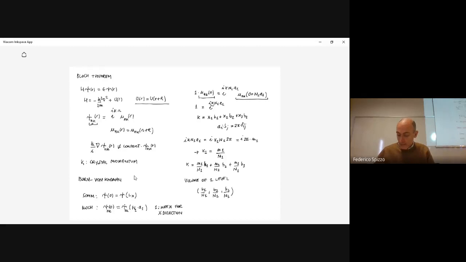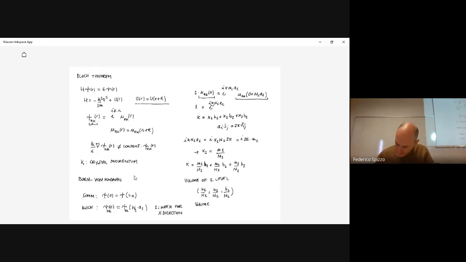In principle, B1, B2, and B3 are not, let's say, the three sides of a cube, because if the lattice is a cubical one, then we have a cubical lattice in the reciprocal space. But if the lattice is not a cubic one, then maybe B1, B2, B3 are not orthogonal with each other. So at this point, a general expression to obtain the volume is to make the vector product between two vectors and make the scalar product with the third vector.